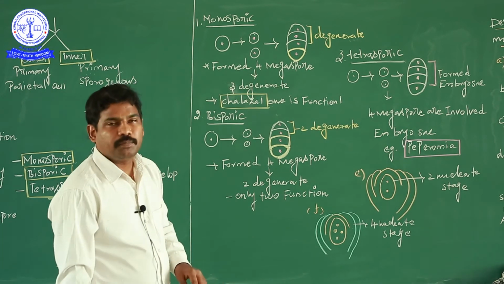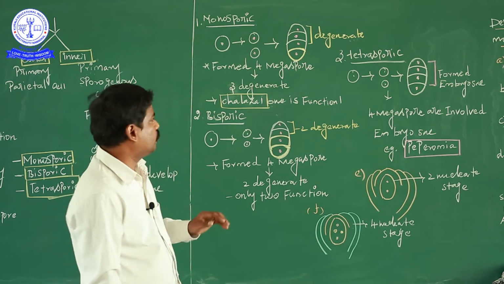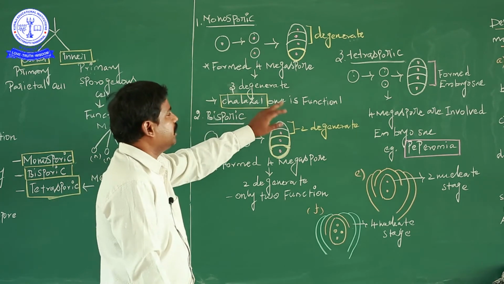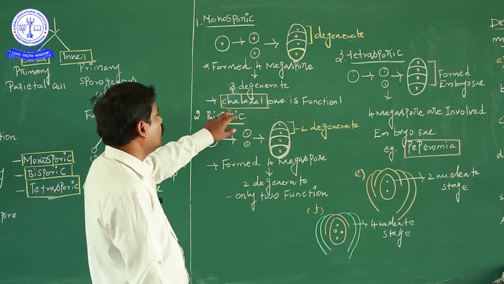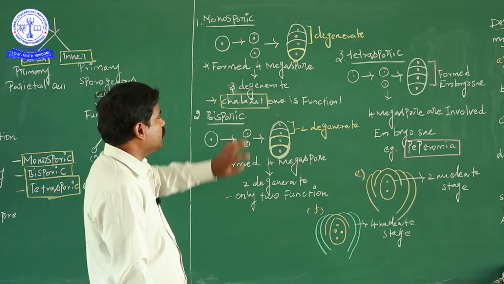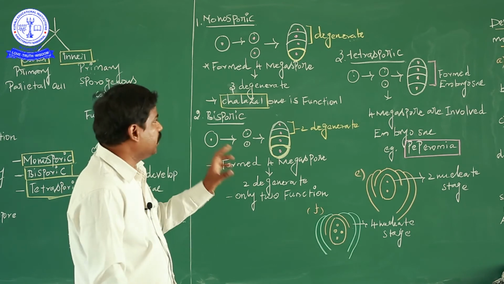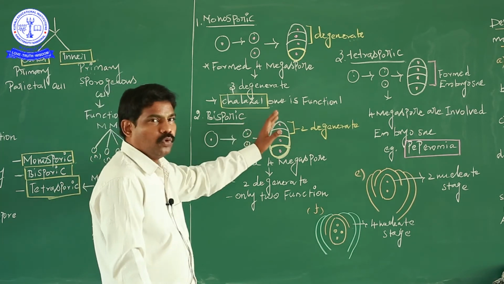Only the chalazal one functions, and the other three degenerate. Very important, one more question: in the monosporic embryo sac, the chalazal one is functional.